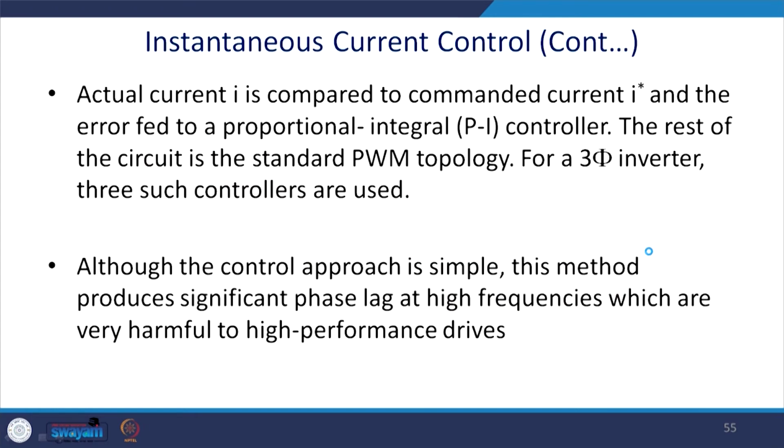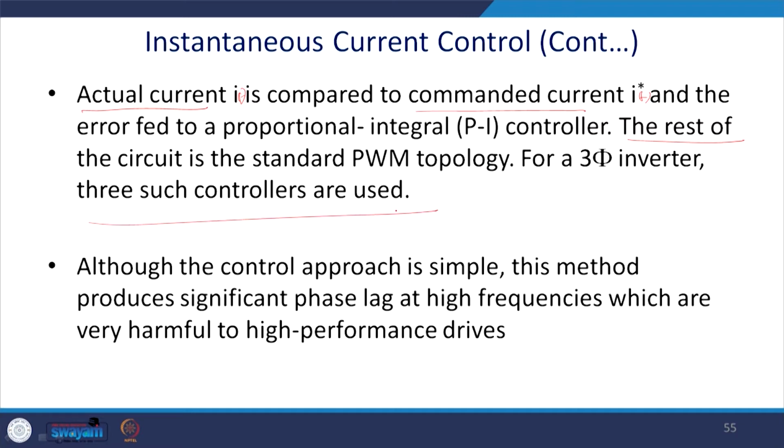So, what we can say here is that this actual current I of t, because this is in time domain, is compared with the commanded current I star of t, and the error is fed to the PI controller. The rest of the circuit is the standard PWM topology.